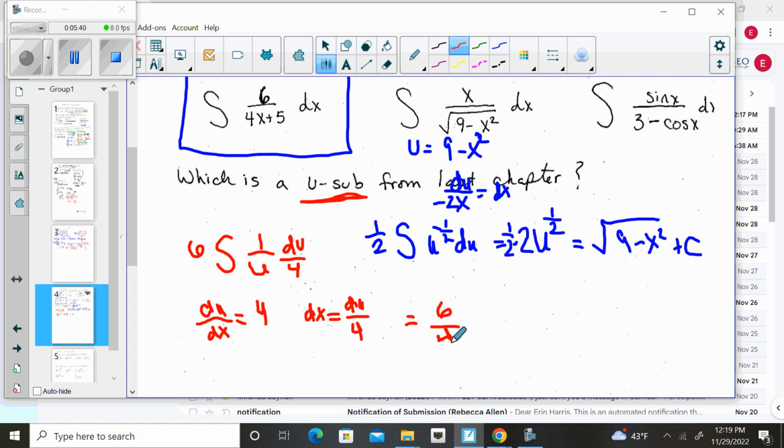The antiderivative of 1 over u du, we've got to learn to recognize it. Some people get stuck right here. We've got to learn to recognize this as the natural log of the absolute value of u, plus c.